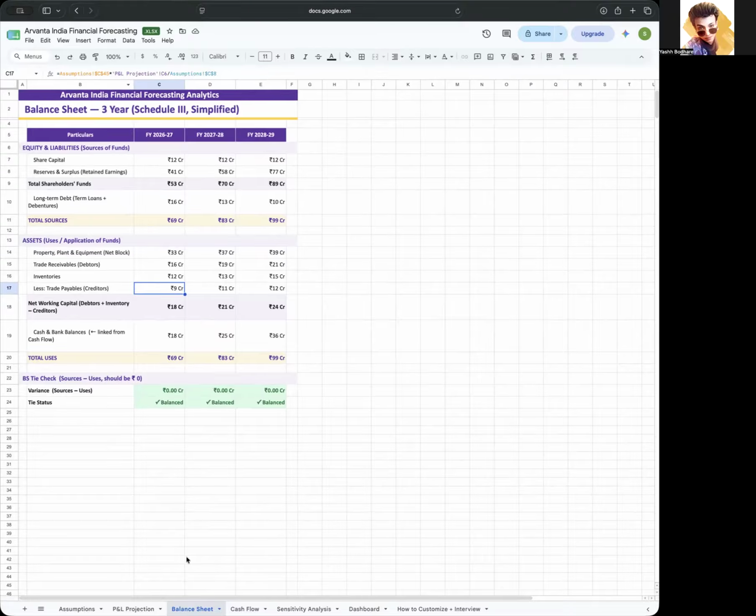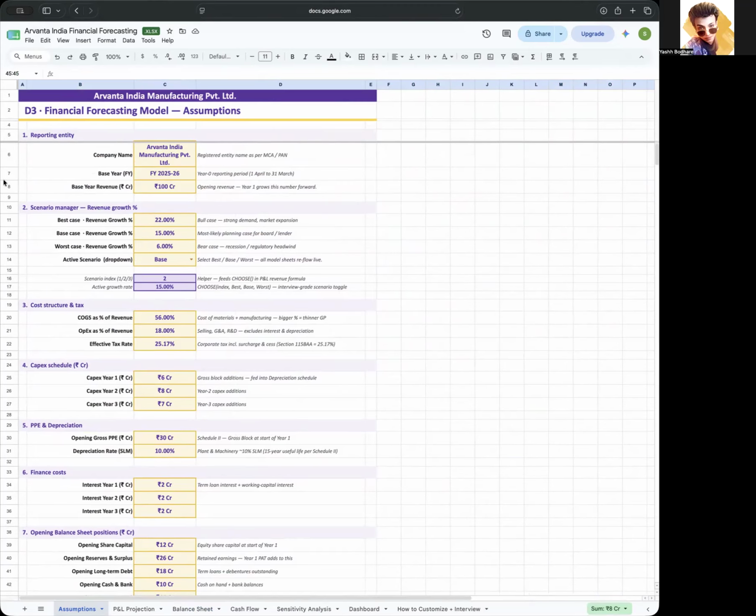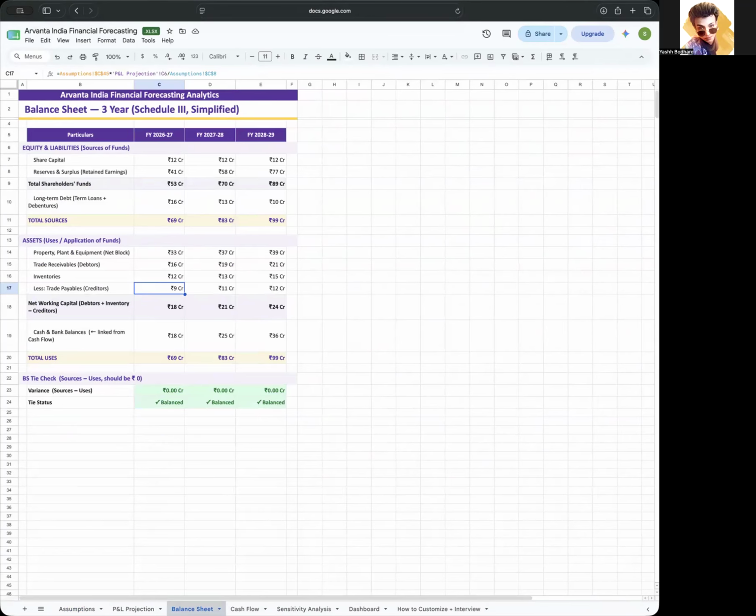So what is assumption C45, C6 and C8? So C45 assumptions, as you can see, is opening creditors. Sorry, it's P&L C6.